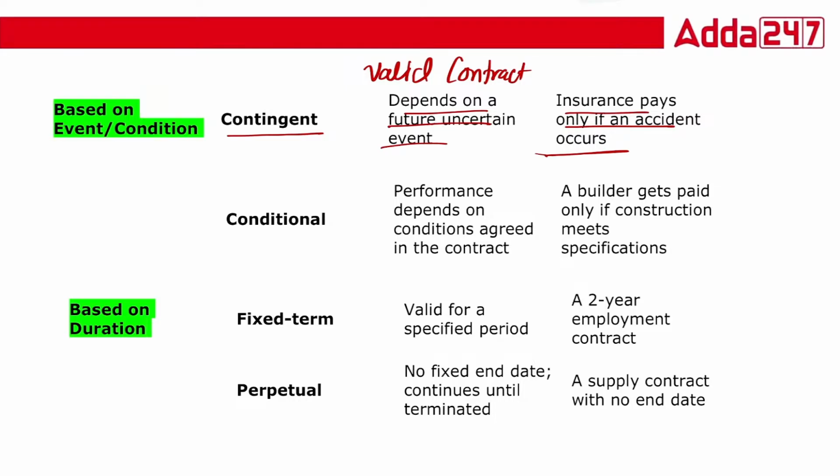What is conditional contract? Conditional depends upon the conditions. Suppose the builder gets paid only if the construction meets the specification. That is the best example.